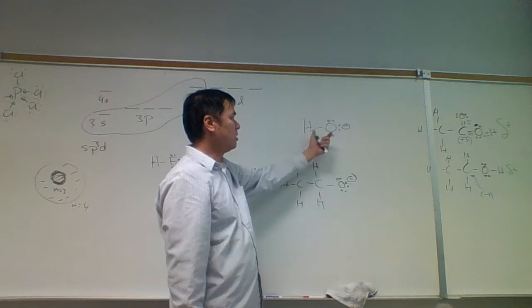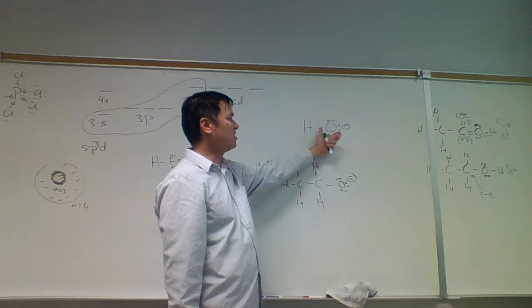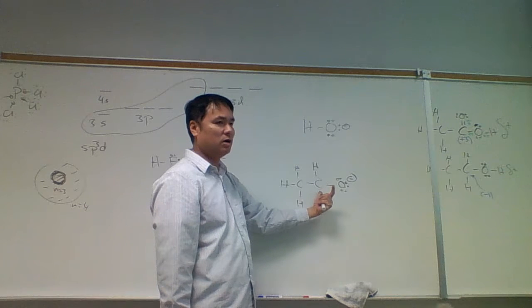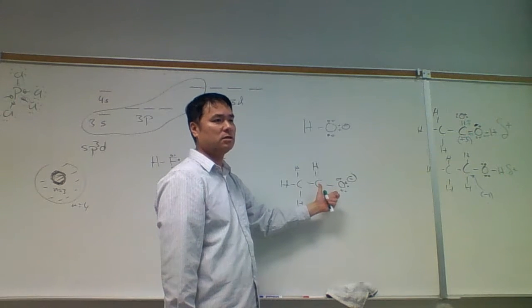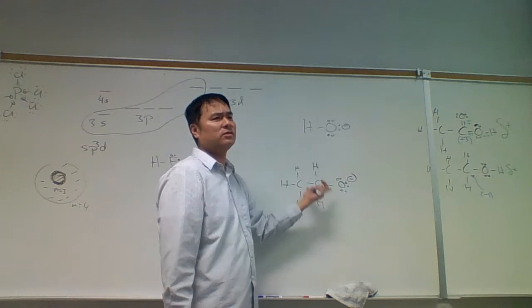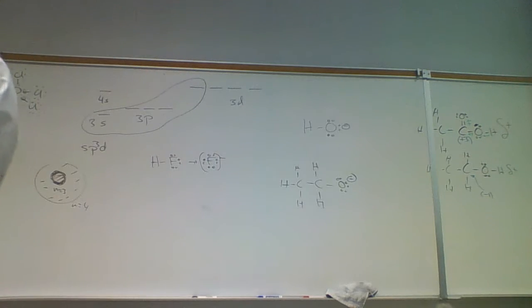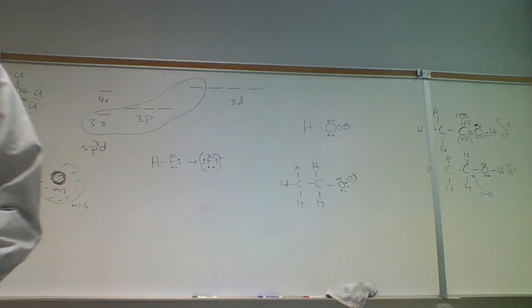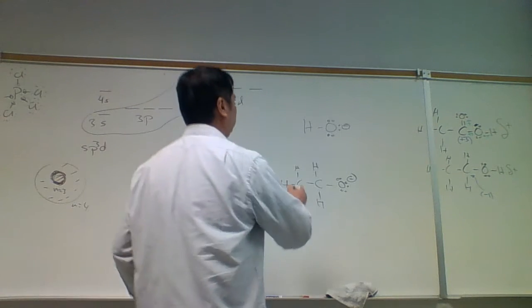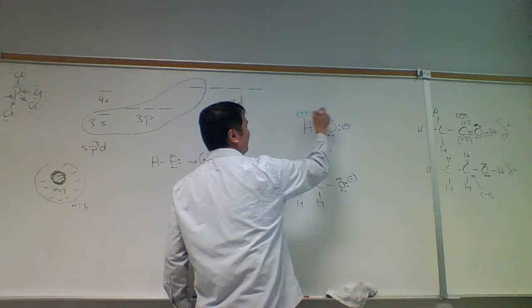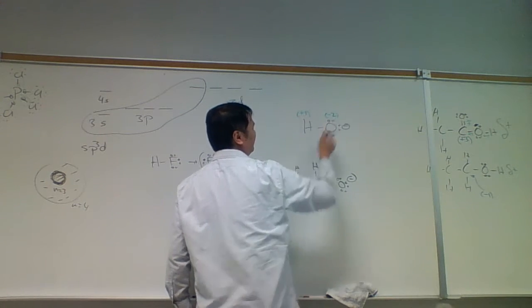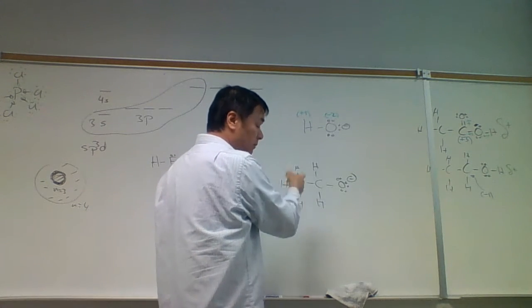In terms of formal charges, hydrogen's 0, oxygen's -1. In terms of formal charge here, carbon's 0, oxygen is -1. There's no difference, so it doesn't tell us anything. Right? However, the oxidation states do tell us something. What do the oxidation states tell us? The hydrogen is +1 and oxygen's -2. How about this one?